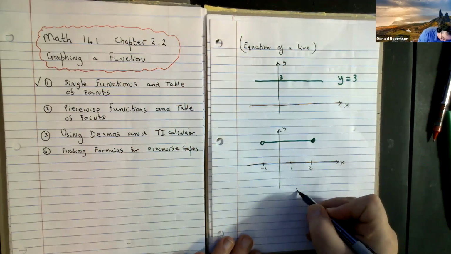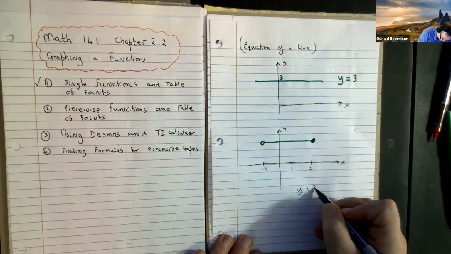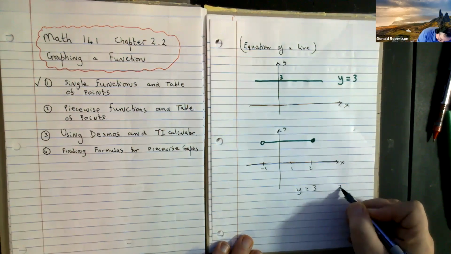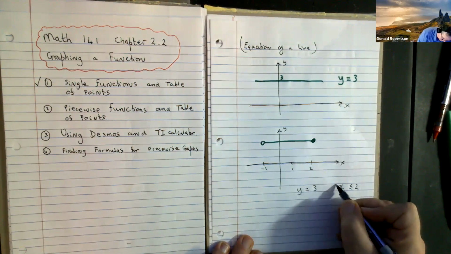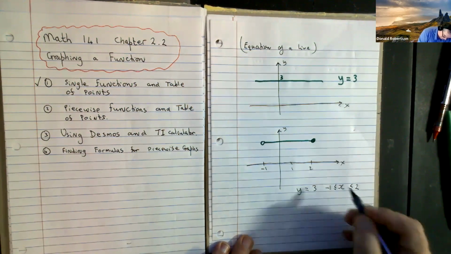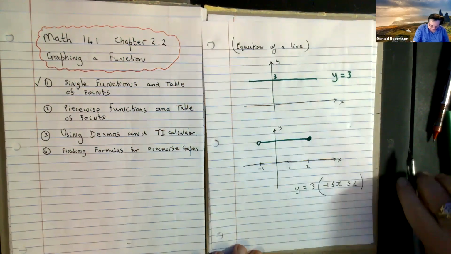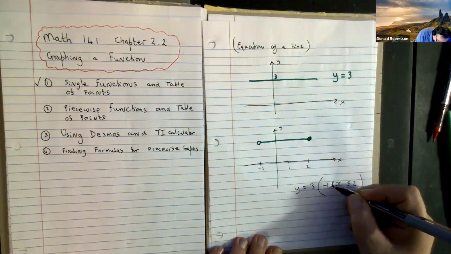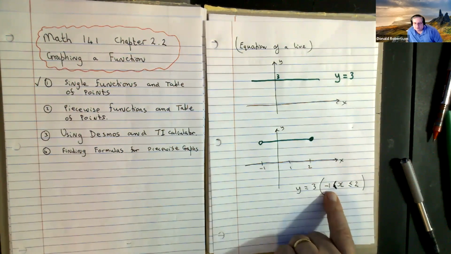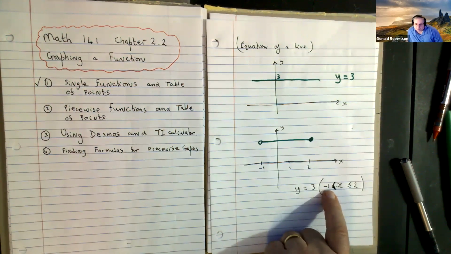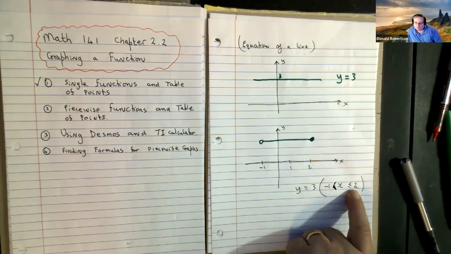You would describe it by saying y equals 3, but then you would have to tell people the range of x's where that was true. I put a little bracket for emphasis. It's y equals 3, but only use it for x from -1 to 2.